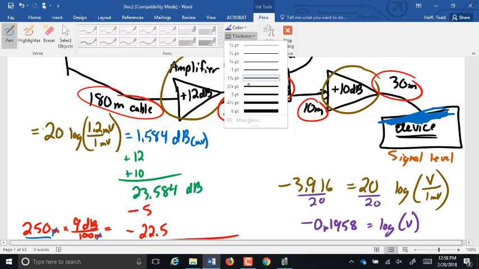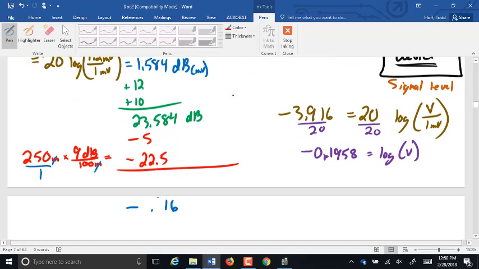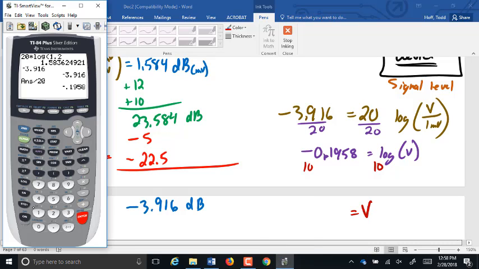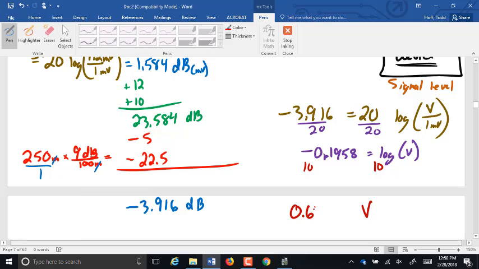And then 10 to the power of. You've got a 10 to the x key on your calculator with the log. So 0.637 millivolts is my voltage. So 0.637 millivolts or 637 microvolts, however you want to write it. What do you think?